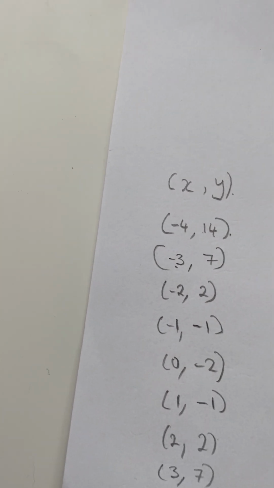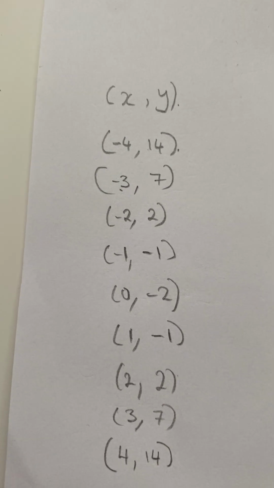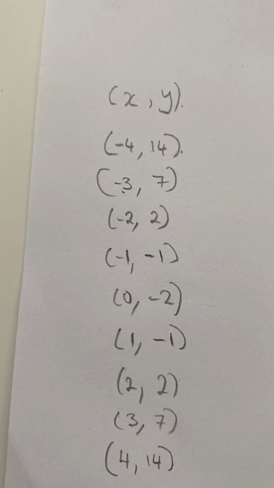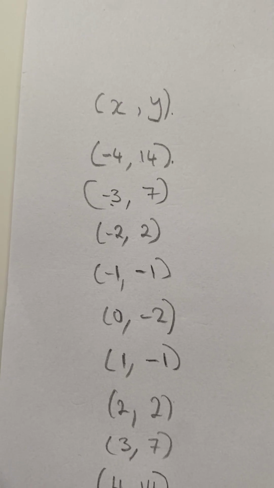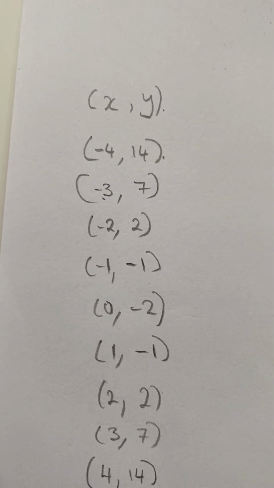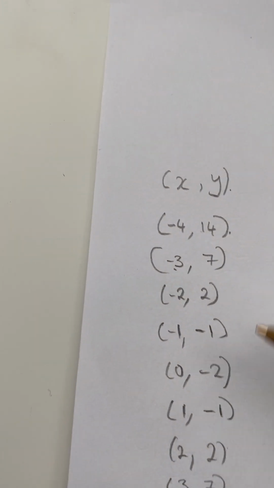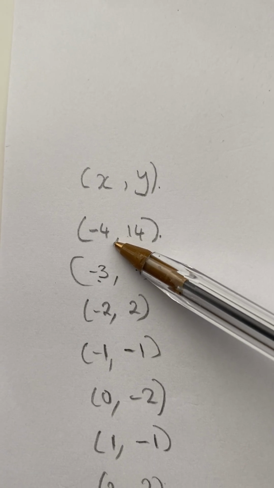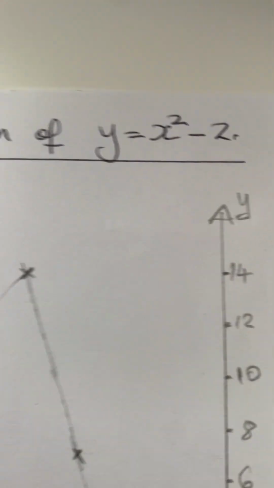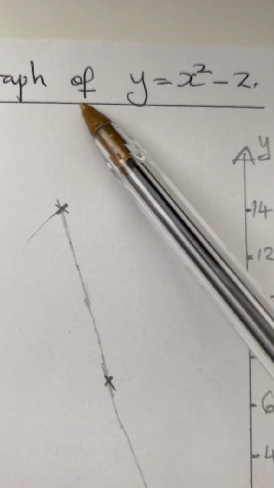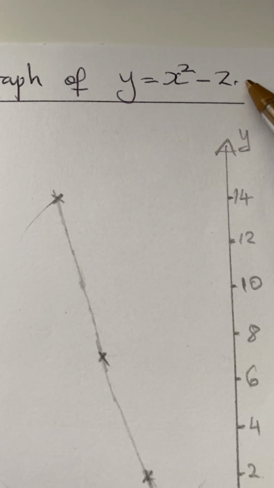Now I have just written the coordinates here because I'm using a different paper. I didn't want to be going from there to there and mix up the numbers. So I've written all my coordinates down here. When x is minus 4, I have 14, and I have a title for my graph: y equals x squared minus 2.